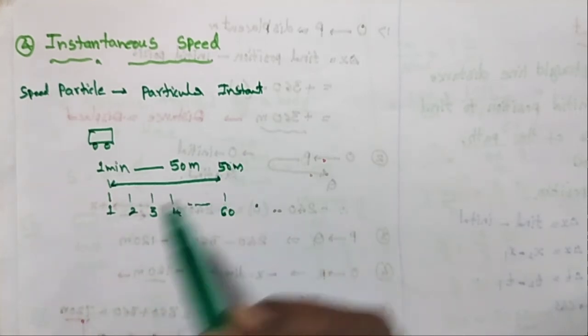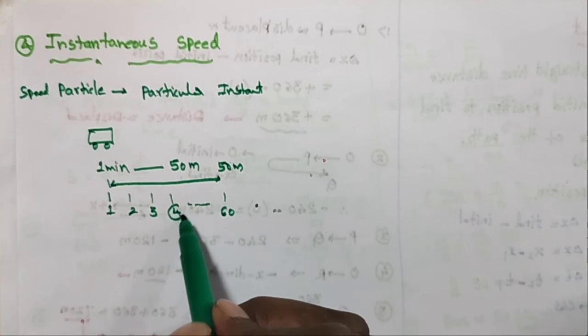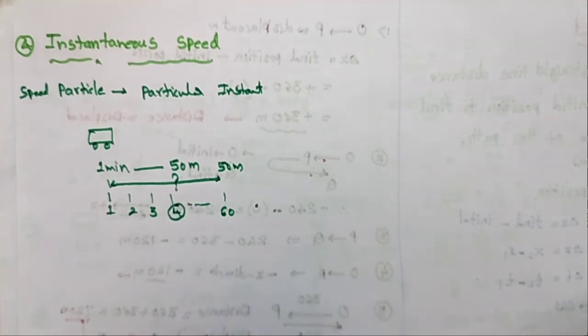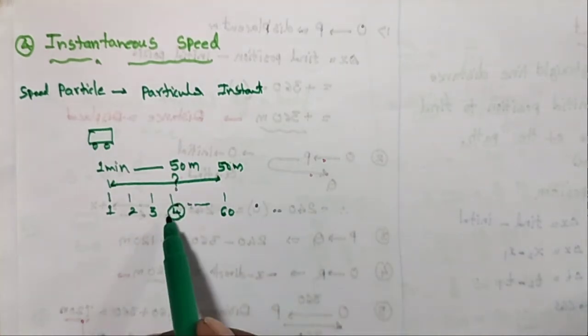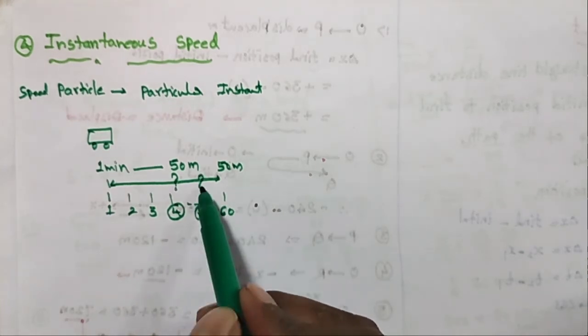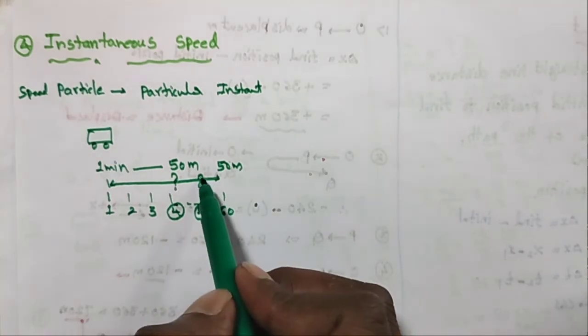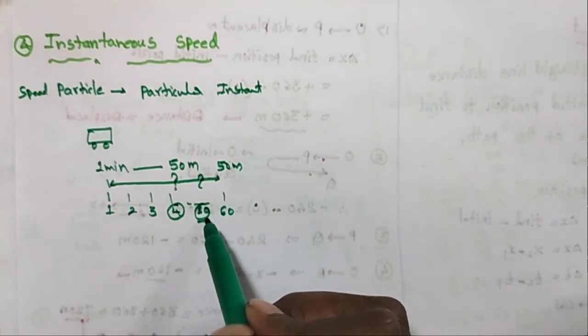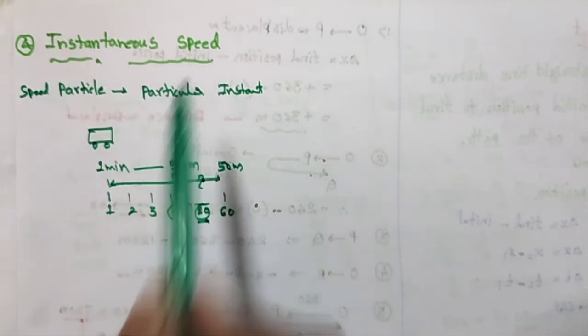So what is my question? Exactly at the fourth second, where is the bus? And exactly at 30 seconds, where is the bus? So at a particular instant of time, the speed you can calculate is called instantaneous speed.